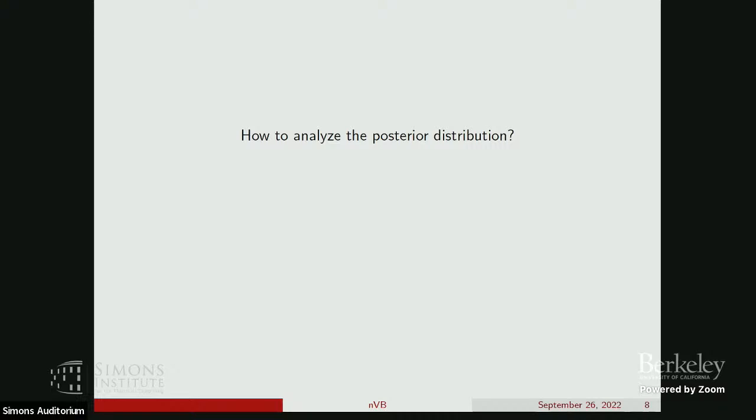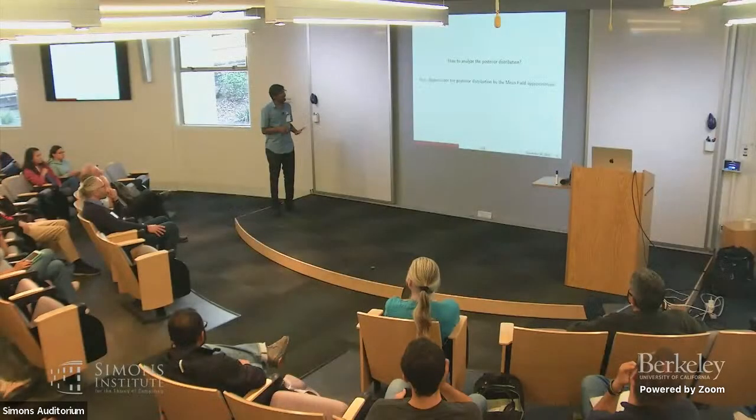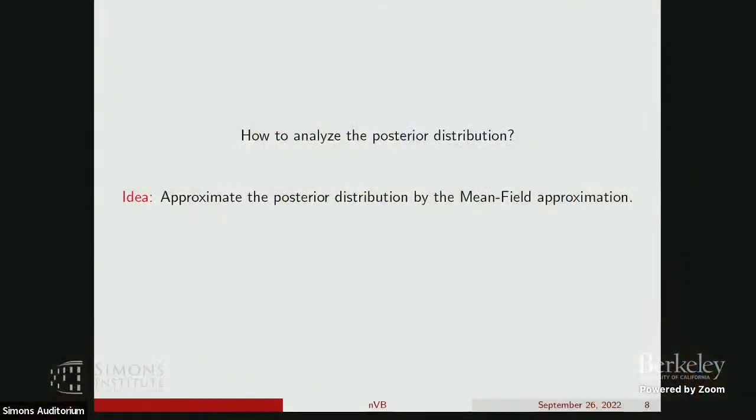My understanding is that the tools we have had so far to understand these posterior distributions don't really generalize to a setting where you don't have this contraction or where you don't expect this contraction. Instead, we'll flip the perspective and understand the posterior distribution itself by using the mean field approximation.